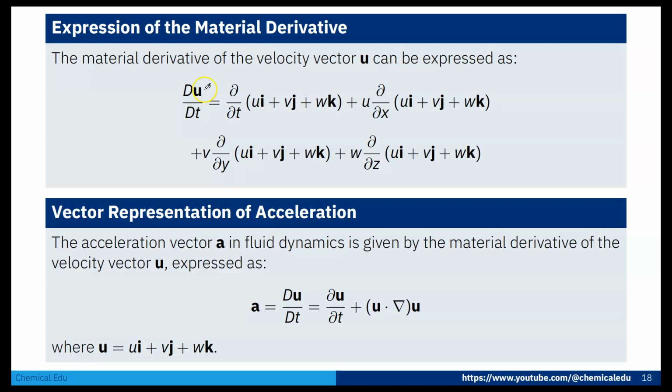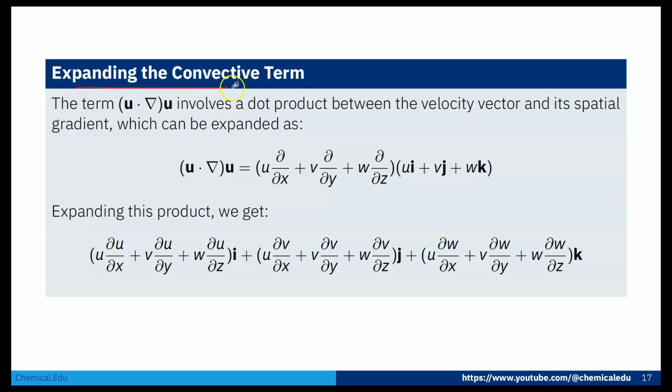So capital D bold U by capital Dt is the partial derivative of u with respect to t. Similarly, u times the partial derivative of the velocity vector with respect to x, and similarly in the v direction and w direction. Expanding the convective term, we can write it as the vector quantity u dot nabla, acting on the velocity vector.